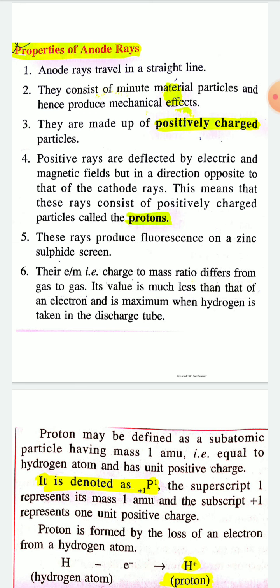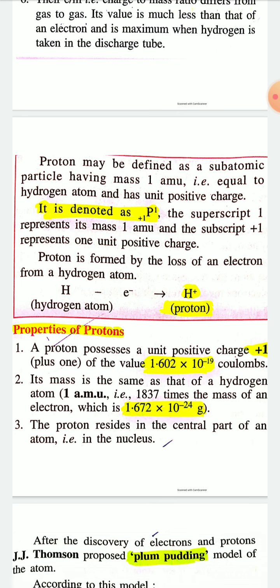From this experiment, proton was discovered, and proton can be represented by p with superscript 1 and subscript plus 1. The superscript 1 represents its mass, 1 AMU, and the subscript plus 1 represents 1 unit positive charge.